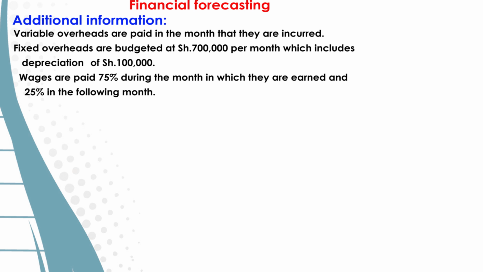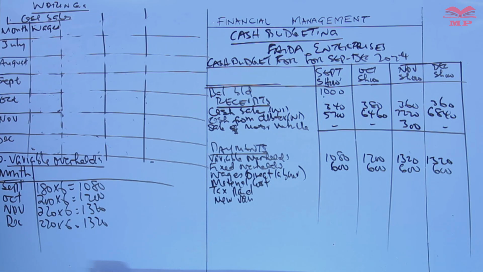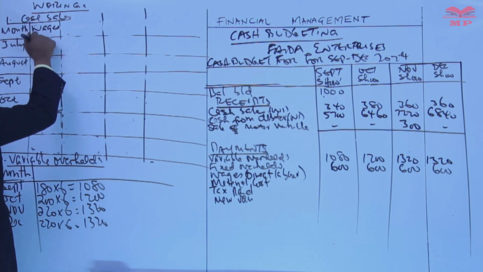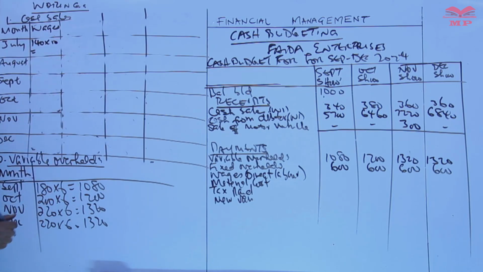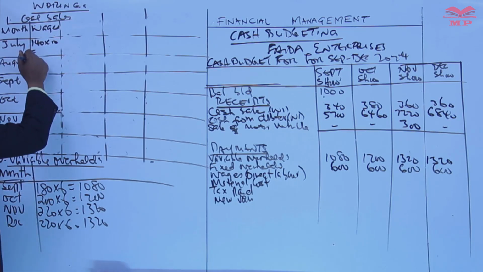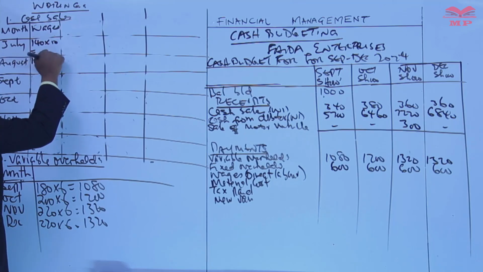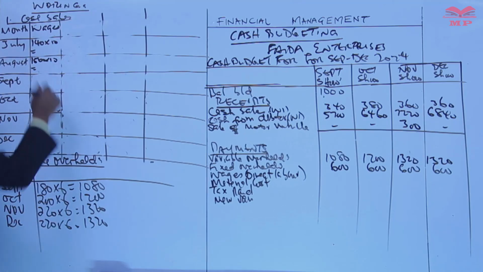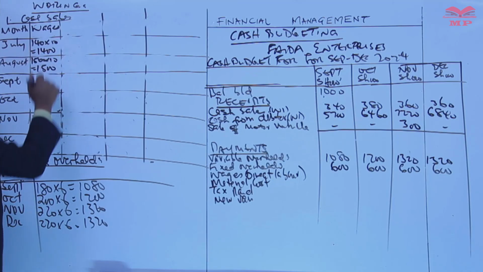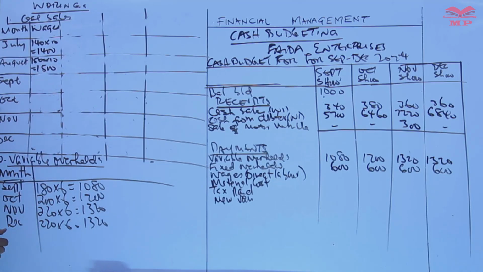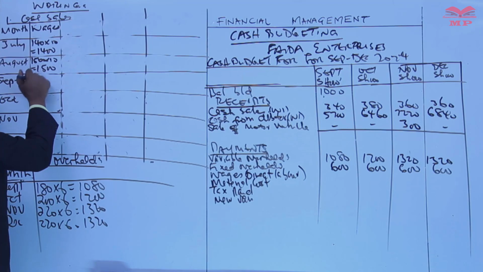How many units are expected in July? 140 times 10. August, 150 times 10. This is 1400, this is 1500. September, number of units, 180 times 10, just 1800.